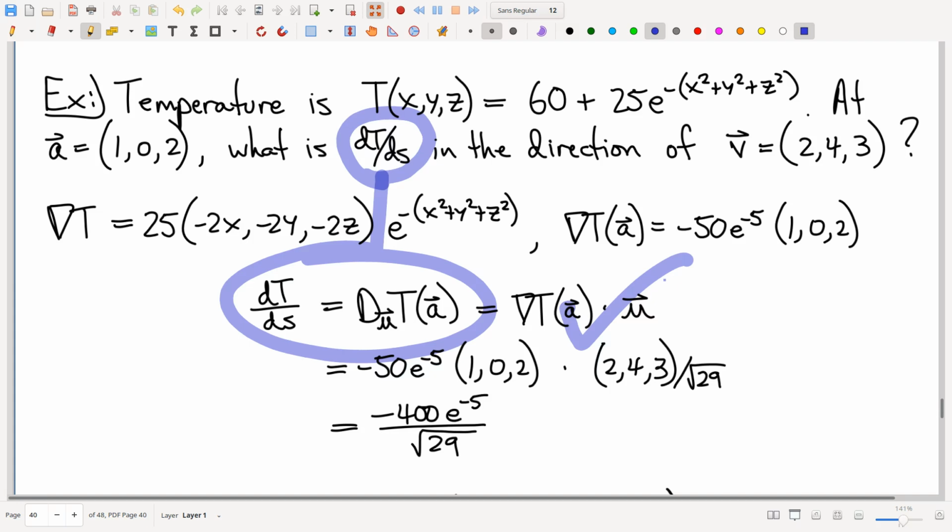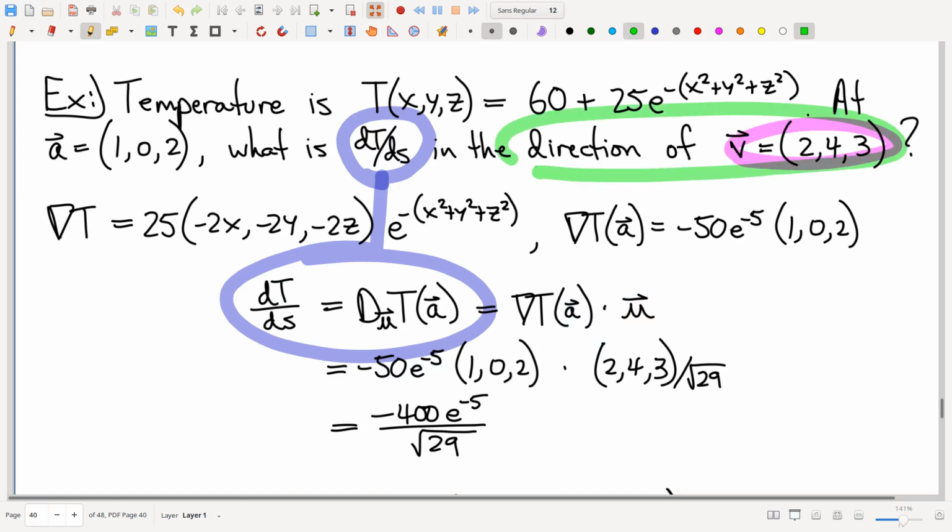You don't forget to take your given vector and understand the direction of that vector by the corresponding unit vector. And everything else is arithmetic. What do you think? Everybody all right with that? Okay.